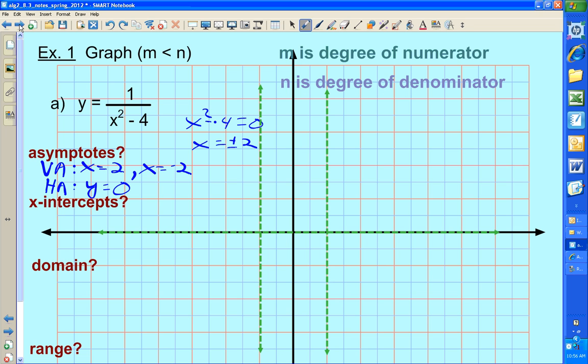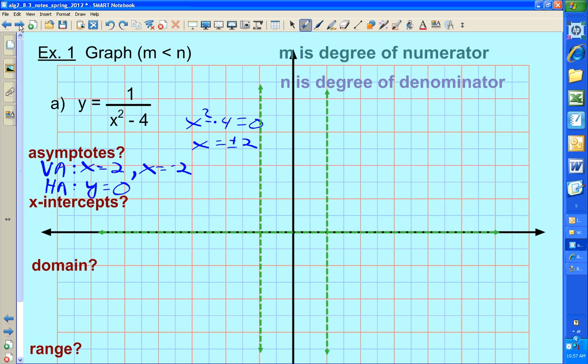Zero. There are no x's, so there can't be an x to the first, which would be degree 1. This has to be x to the 0, which we don't write. This is degree 0. What's the degree in the bottom? Degree in the top is smaller than degree in the bottom. It's always y equals 0.